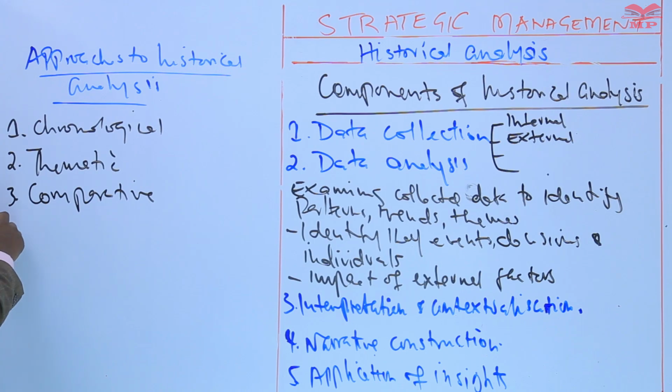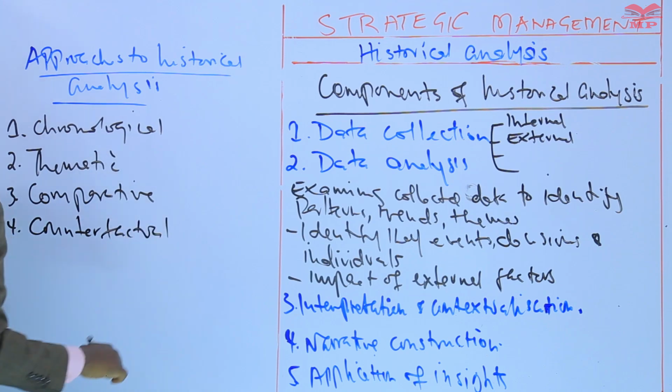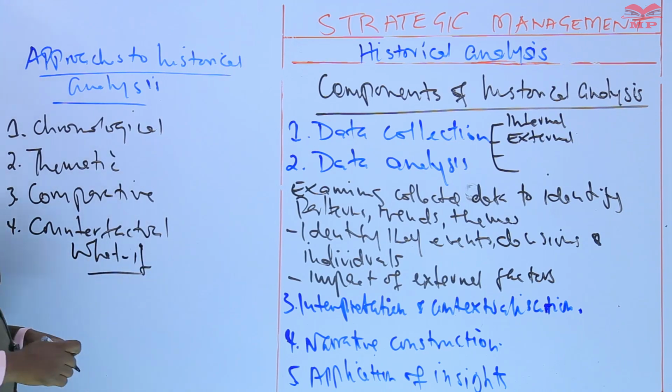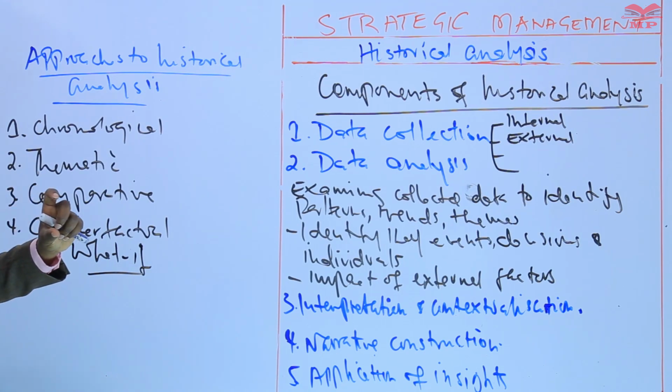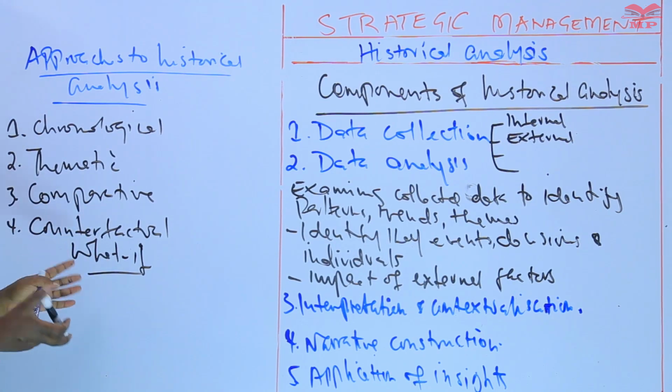Then there is the counterfactual approach, which is exploring the what if scenarios in order to understand the potential impact of alternative decisions or events on the organization's trajectory. So these are four approaches to historical analysis.